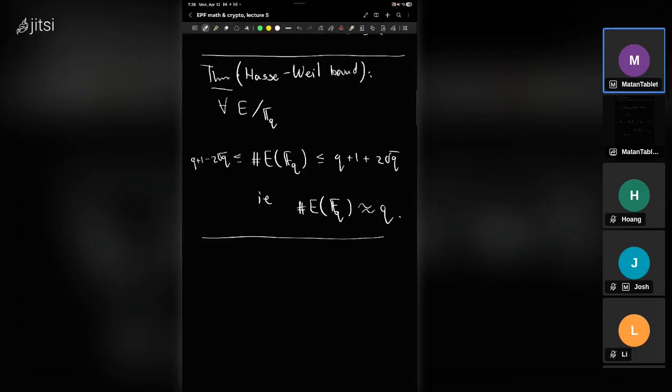Torsion. So let E over FP be an elliptic curve, and K some integer bigger or equal to 1.